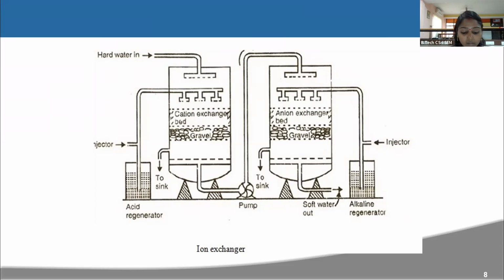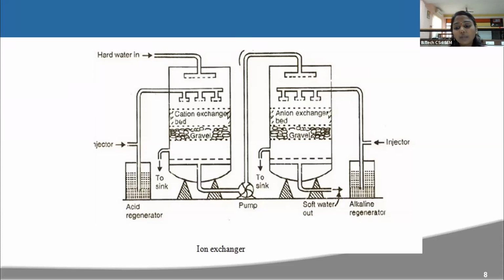The water coming out of this column is free from both cations and anions. This water is called demineralized water, as the minerals present in the water are removed. This is called demineralization. It is also deionized water, as the cations and anions present in the water are removed.